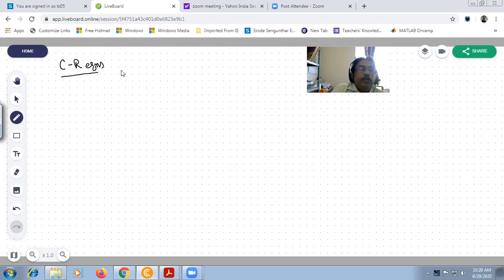What is the CR equation? Simply you can write Ux is equal to Vy and Uy is equal to minus Vx. This is the Cauchy-Riemann equation. So what is the function given? Given u is a function of x comma y, 2x square minus 2y square plus 4xy.